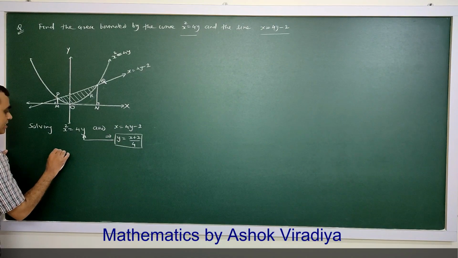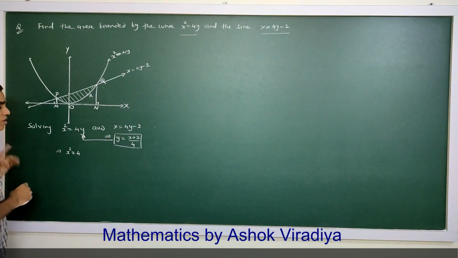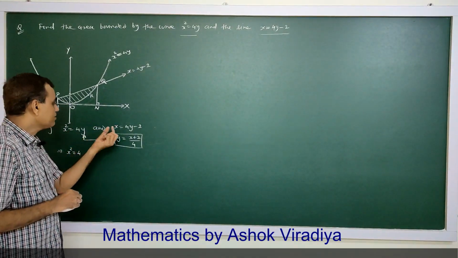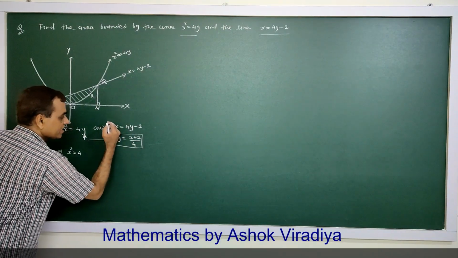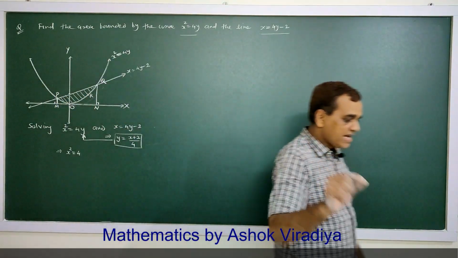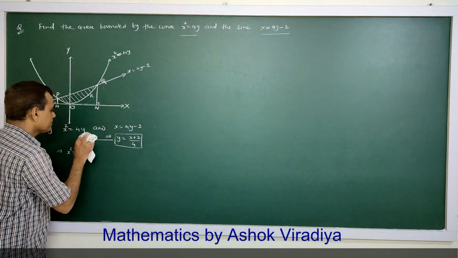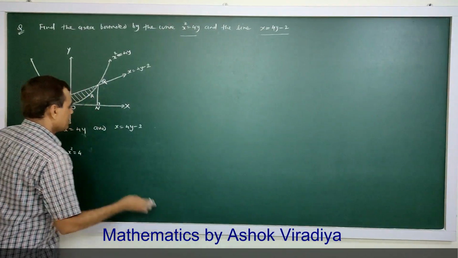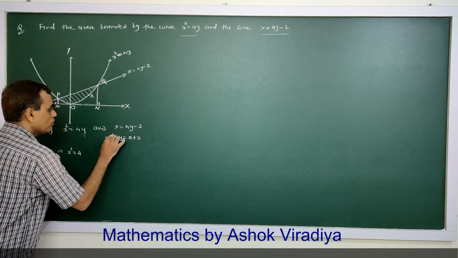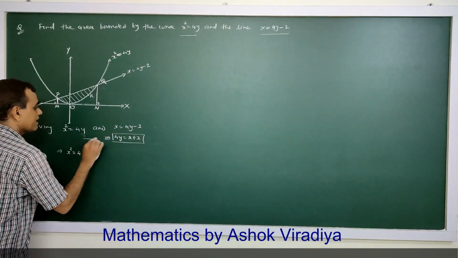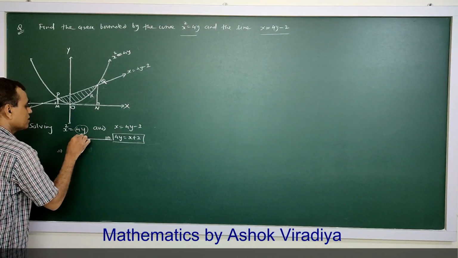So x square is equal to 4 into, or directly you can substitute 4y is x plus 2. From this equation it is clear that 4y is x plus 2. This value we are taking in this equation.